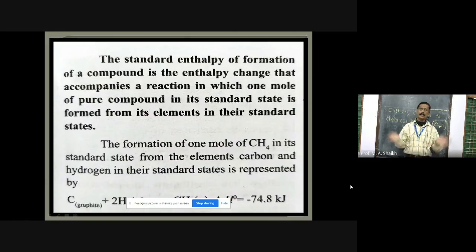In English, standard enthalpy of formation is the enthalpy change of reaction when one mole of substance is formed from its constituent elements which are present in their standard state. Once again, I am repeating more correct words.